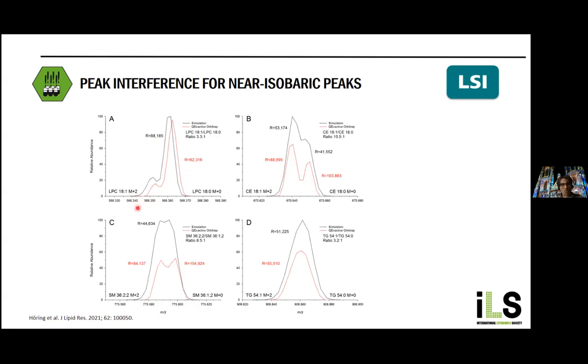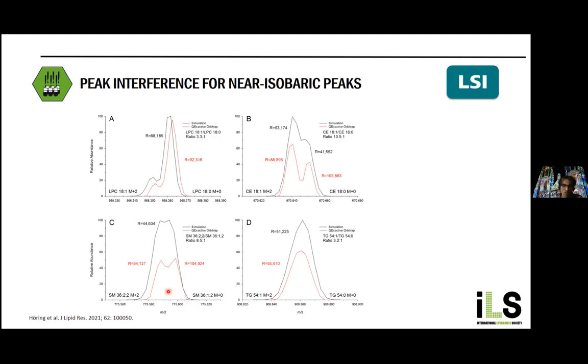For the lyso-PCs, we get quite good overlap of the simulation with the measured profile. But for the others, you see decreased peak intensities, for the cholesterol esters, sphingomyelins, and also for the TG, and these are known effects.